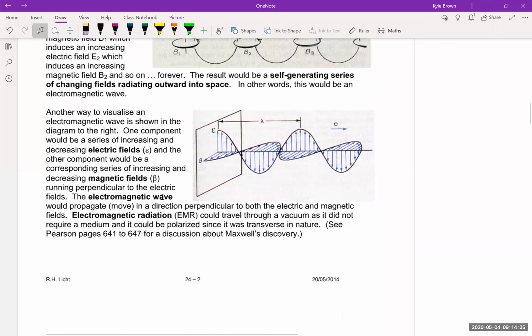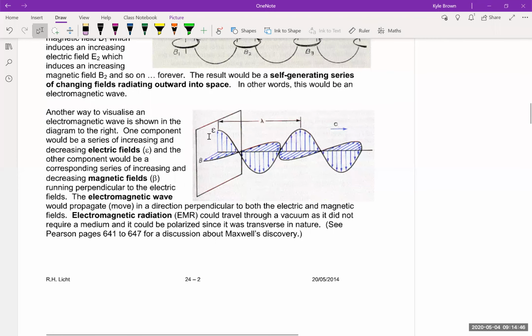Another way to look at this is with this diagram, right? This part of the wave, this E, is my electric field, and this B is my magnetic field. A big theory part of this is that the electric field and magnetic field are always at 90 degrees to each other.